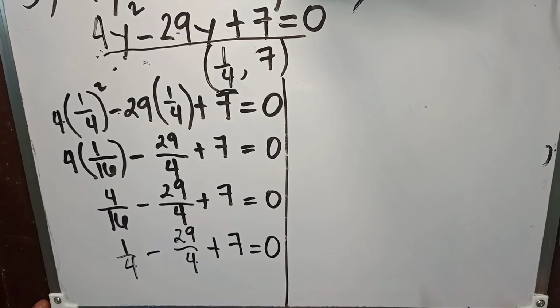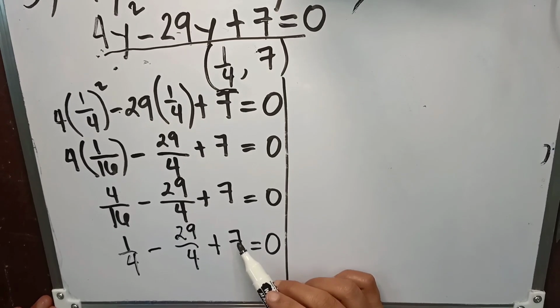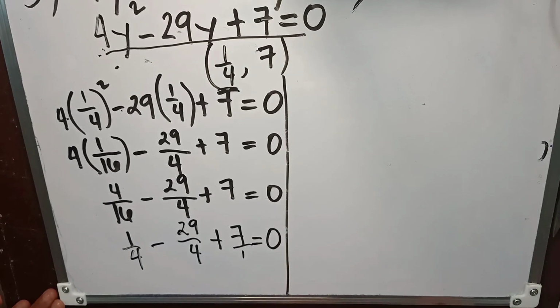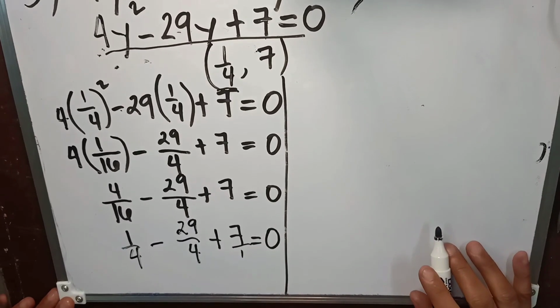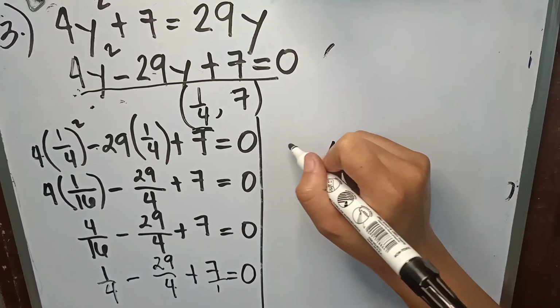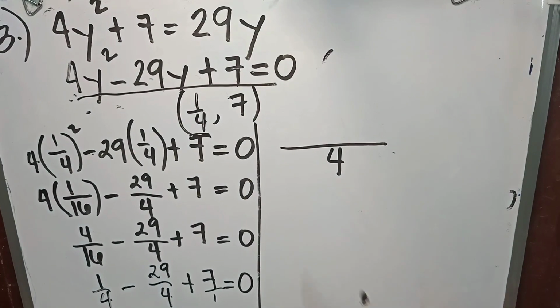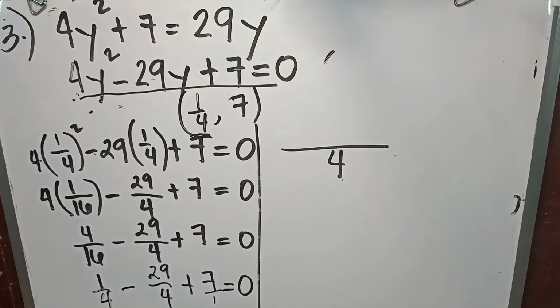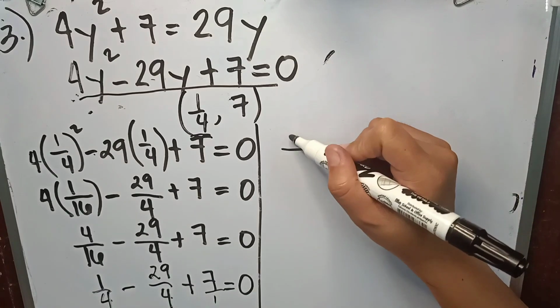Next step, get the LCD of this fraction. Understandable that the whole number 7 has a denominator of 1. So, our LCD here is 4. 4 divided by 4 is 1. 1 times 1 is 1.